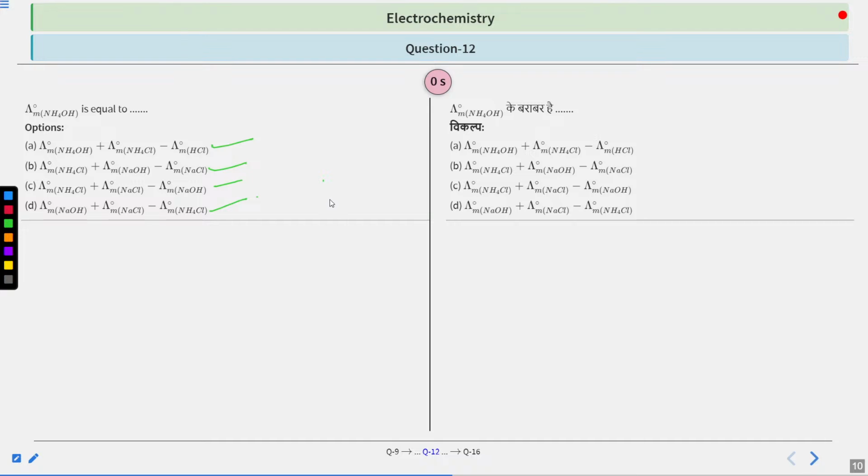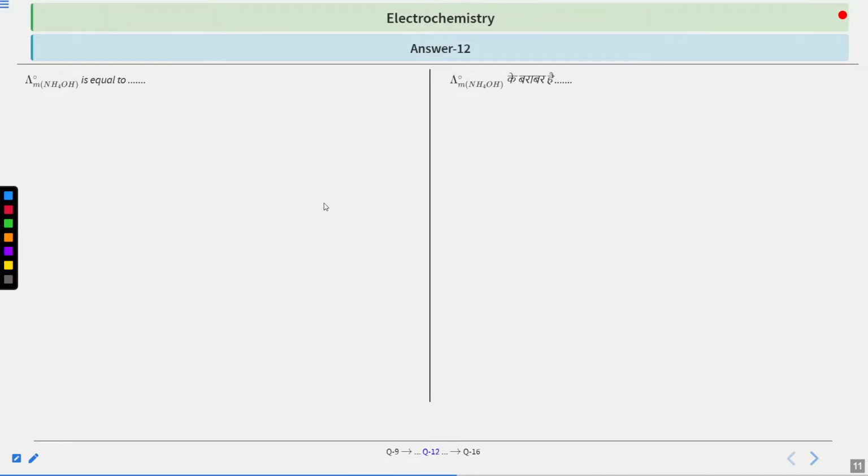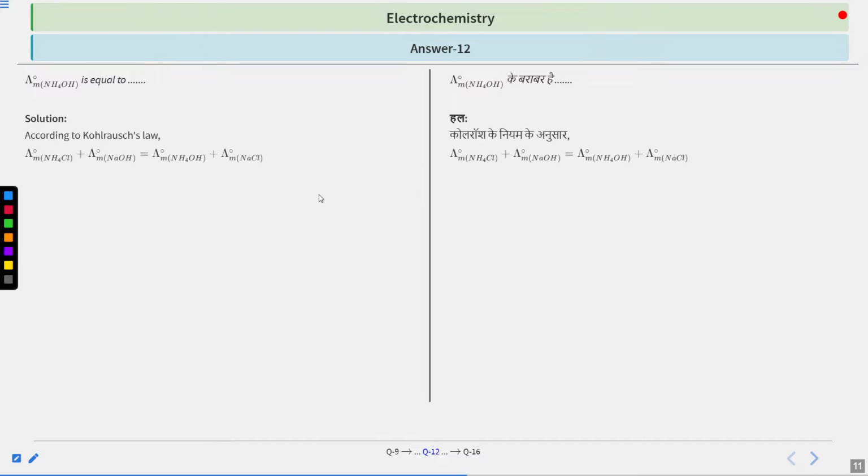So this is a question from Kohlrausch's law. How will I solve it? Basically we have to do the suitable calculation so that this adds up to NH4OH. So for NH4Cl, we can add NaOH, and that equals NH4OH and NaCl. Now when we rearrange this, we will get this.